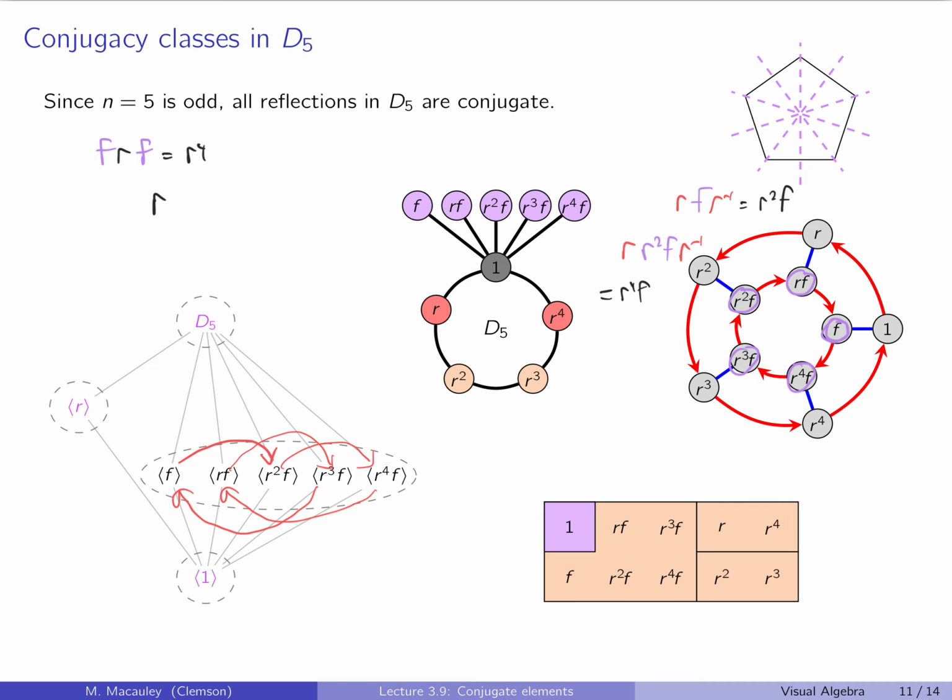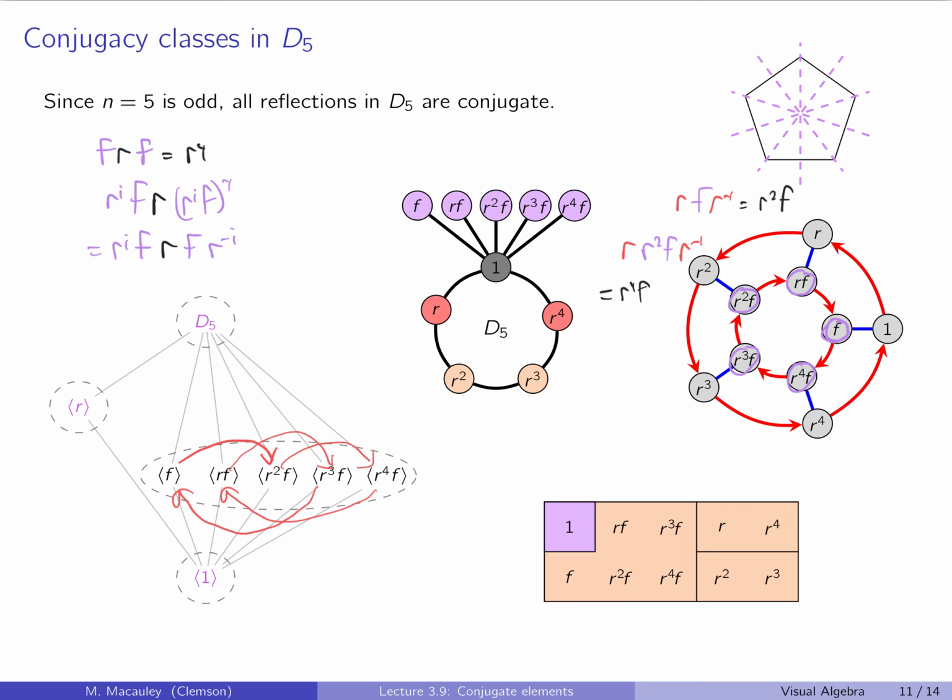So let's take r, and let's do r to the i f times r times r to the i f inverse. This is r to the i f times r times f times r to the minus i. So once again, we can swap the order.